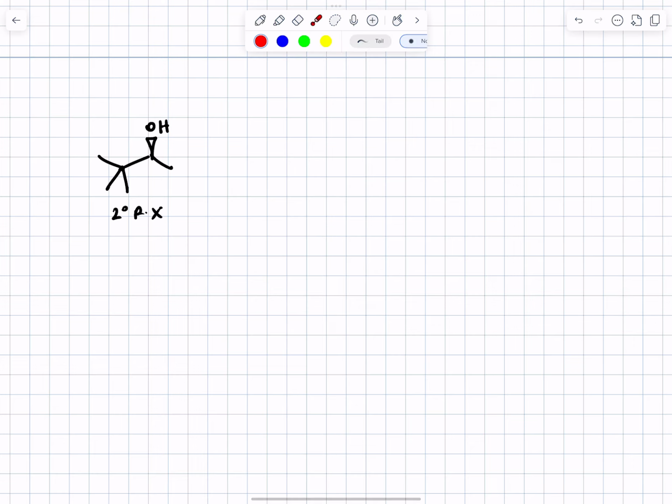I will teach you in a little bit how to recognize this molecule as a situation where carbocation rearrangement could occur. Let's use HI to protonate the OH, turn it into a good leaving group, and then you would expect the leaving group to leave to give you a carbocation. So we're skipping a couple of steps. That carbocation would look like this.